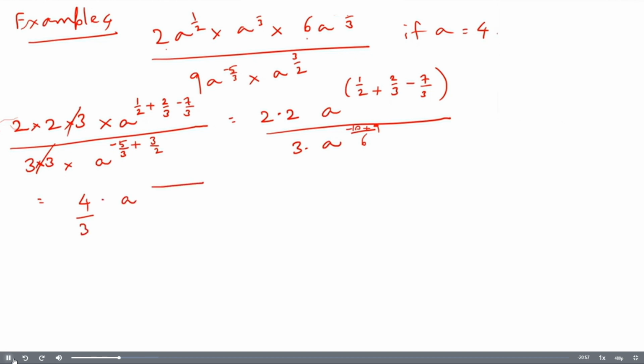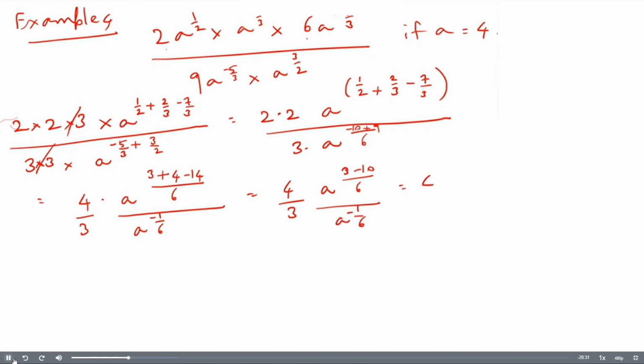I have to add here, 3 plus 4 minus 14 by 6, by a to the power minus 1 by 6. 4 by 3 into a to the power 3 minus 10 by 6, by a to the power minus 1 by 6, is equal to 4 by 3 into a to the power minus 7 by 6, by a to the power minus 1 by 6.